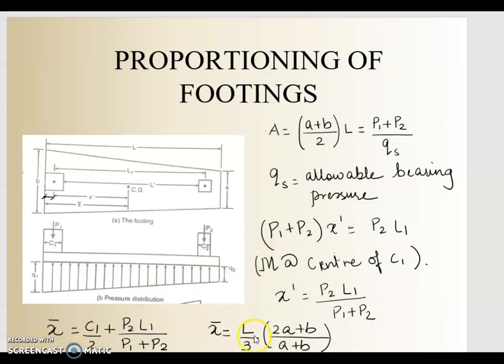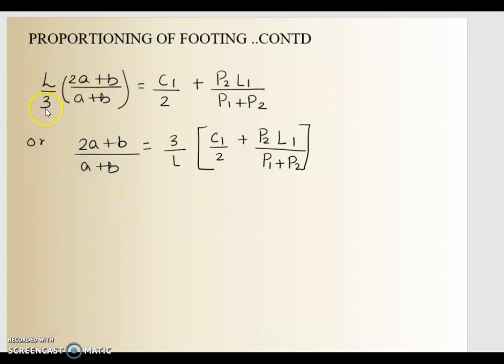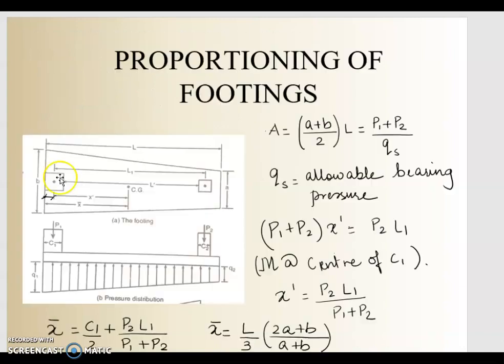Now we are just equating both the equations. I have just rewritten what we had obtained. This we got from mechanics. This we got by taking moments about the center of C1. Now, if you look at the right hand side and the left hand side, A and B, that is the size of the foundation, these both we don't know, correct?